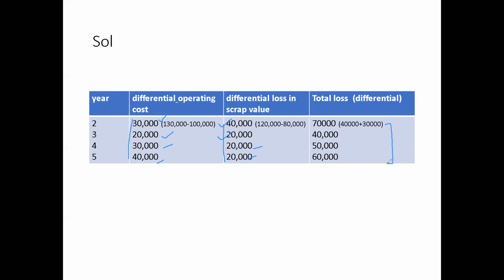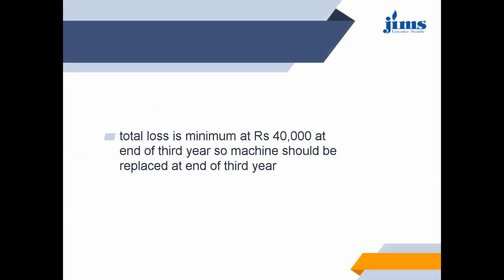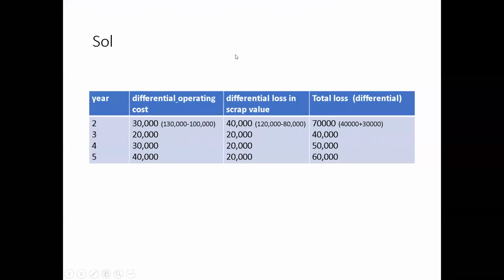Now, we have to see which year it will be advantageous to replace the machinery. So we can see that where the total loss is minimum, then the machinery has to be replaced. Now, out of all these, obviously there is total loss for every year, but where it is minimum, the company always takes a decision when there is more returns and less cost.